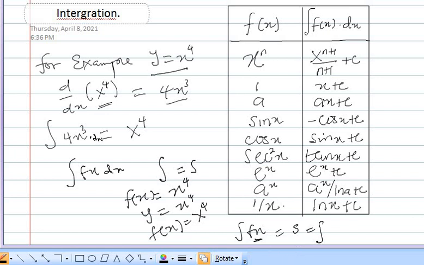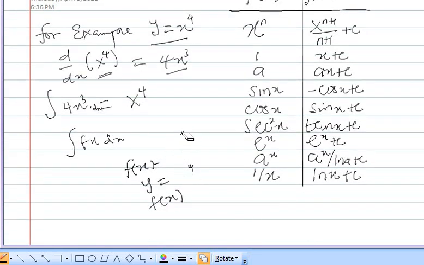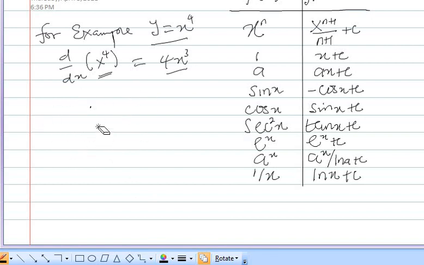So we are going to proceed with the table to see how the table works. Basically, this here is x to the n.